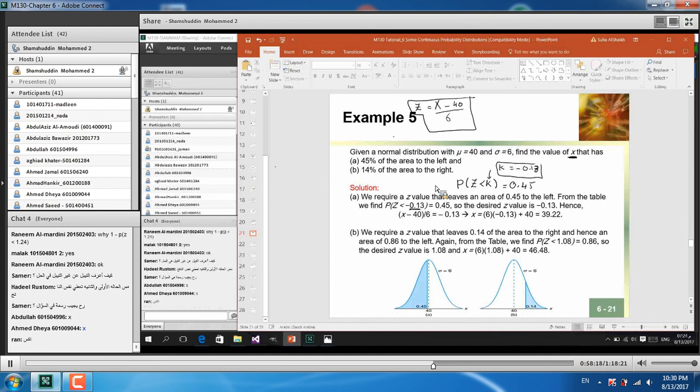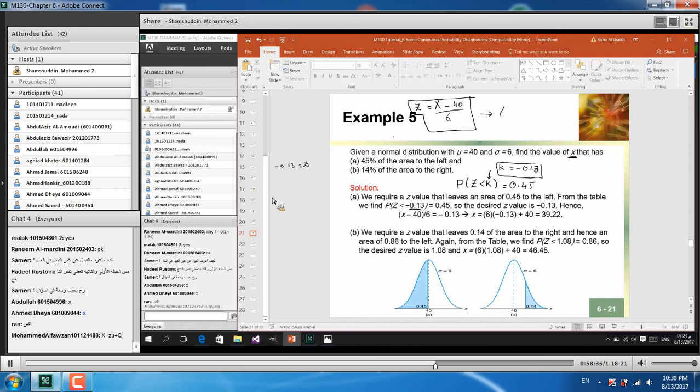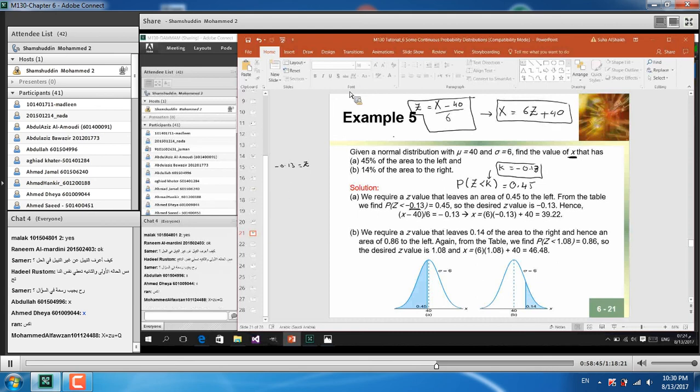Of course, the 0.13 is related to z. I want it to be for x. To change from x to z we subtract 40 and divide by 6. Now if I want the x, it is 6 times z plus 40, exactly. So the opposite: if I want x out of z, it is 6 times z plus the 40.